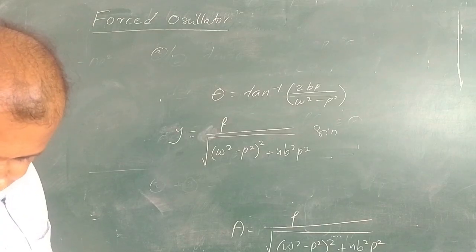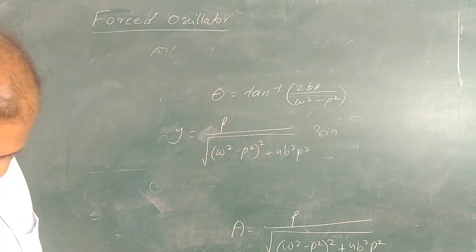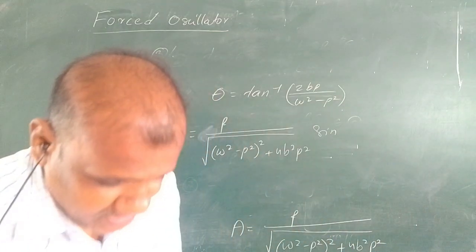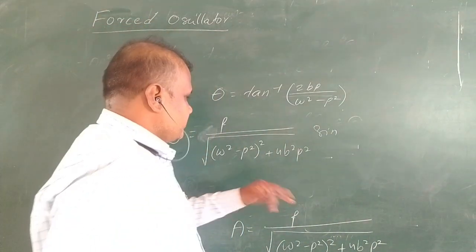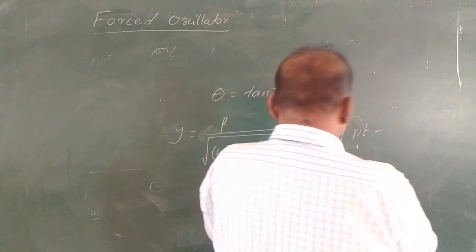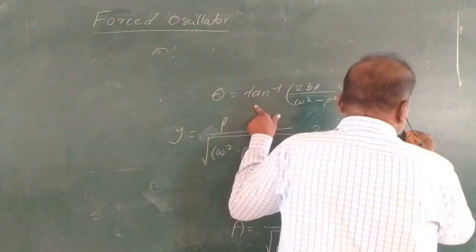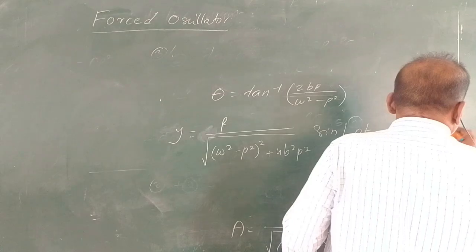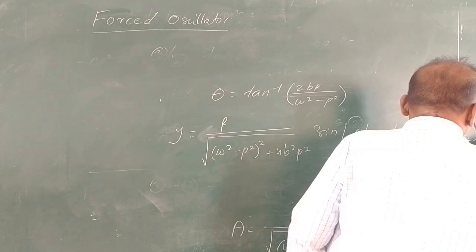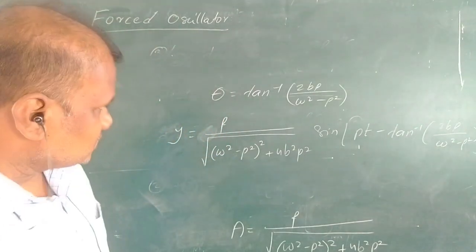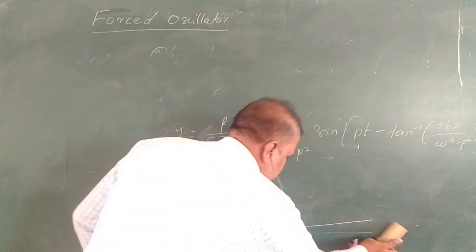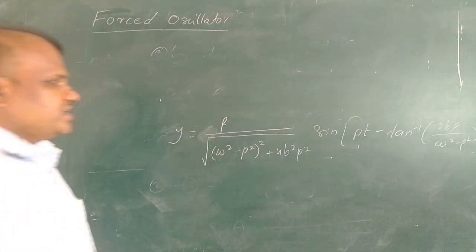Theta is tan inverse of 2bp divided by omega square minus p square. This is the resultant equation of motion of the oscillator.